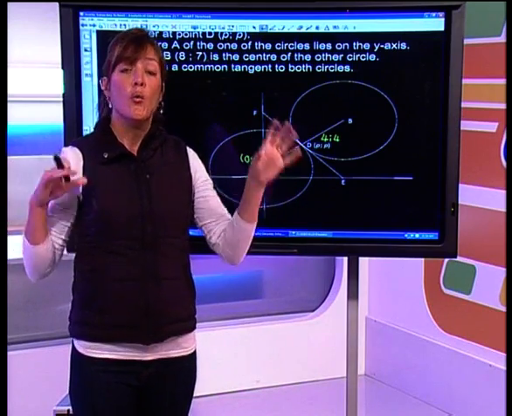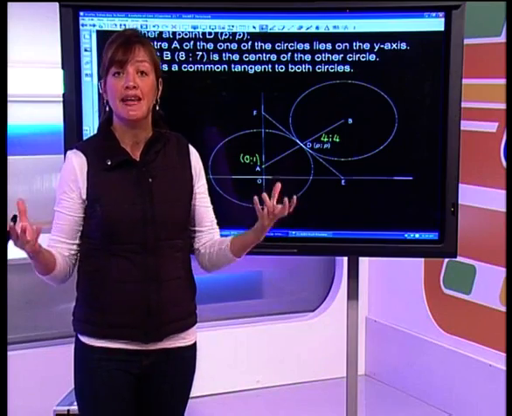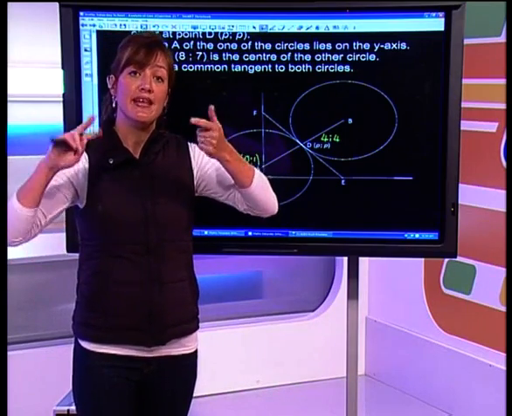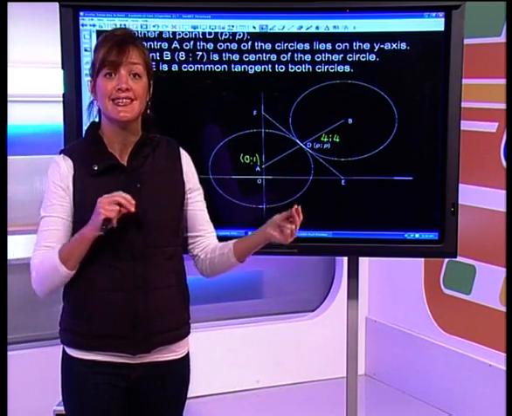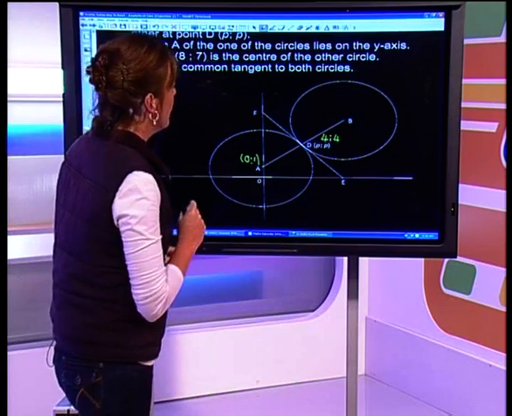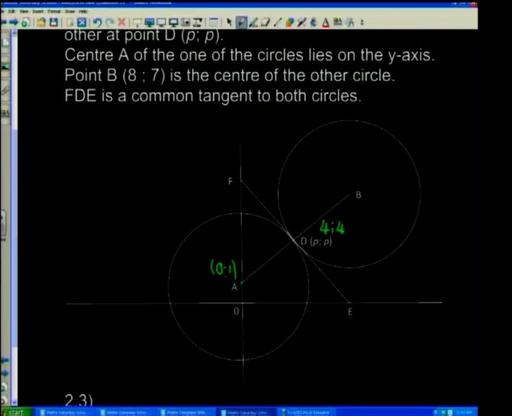What does that translate into? It means that your gradients are going to be the inverse of each other with the opposite signs. So we know that the gradient of this line over here is going to be perpendicular to the gradient of that, and I know that because we were told it's a tangent.